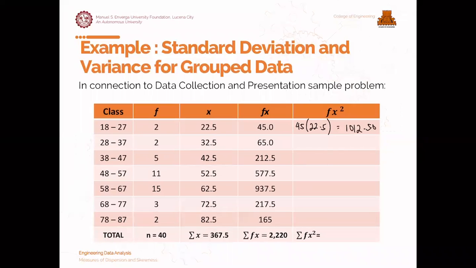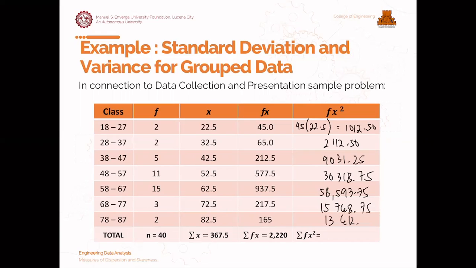Then, doing that to all the rows, so 2,112.5, 9,031.25, 3,318.75, 58,593.75, 15,768.75. Then we have 13,612.5.